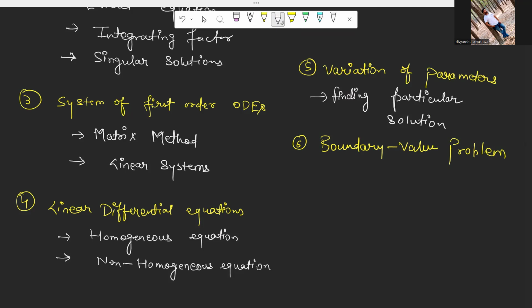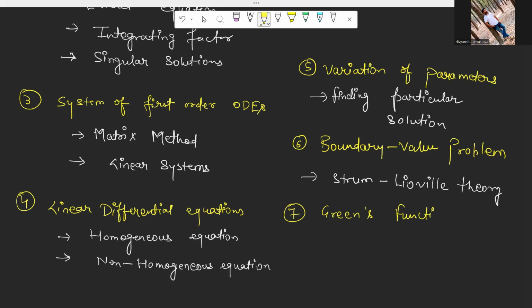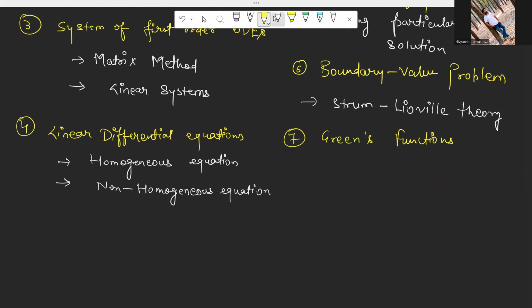In boundary value problems, questions are basically asked from Sturm-Liouville theory. And the 7th point is Green's function. In Green's function, the topic will be solution of boundary value problem.